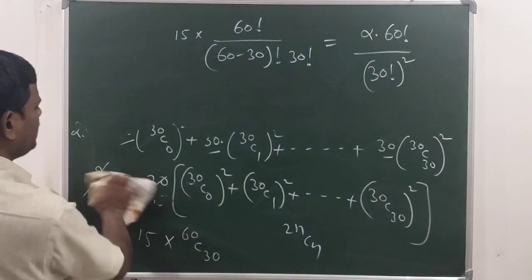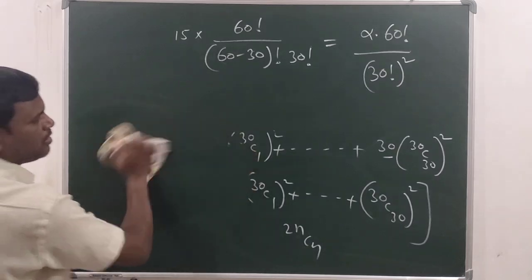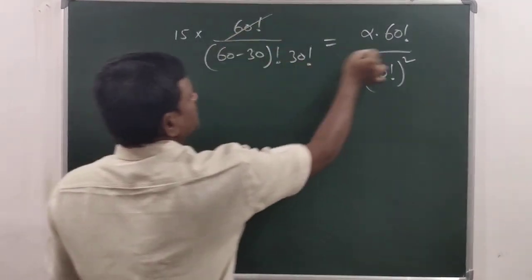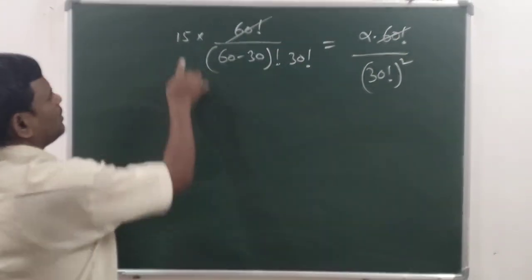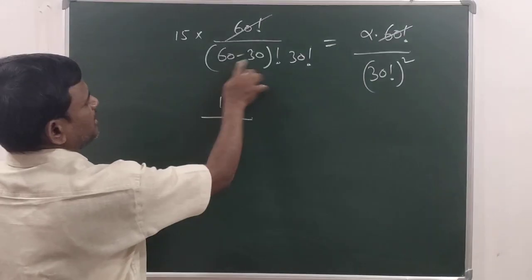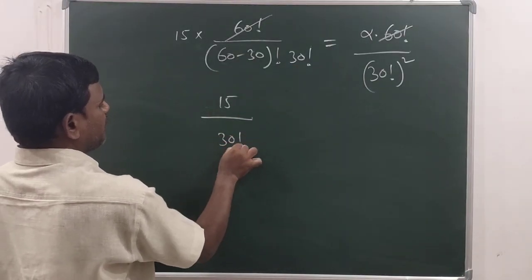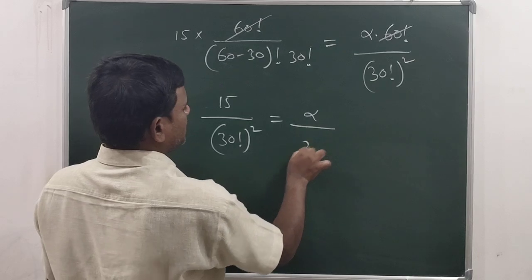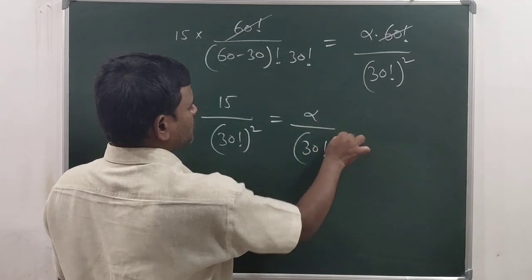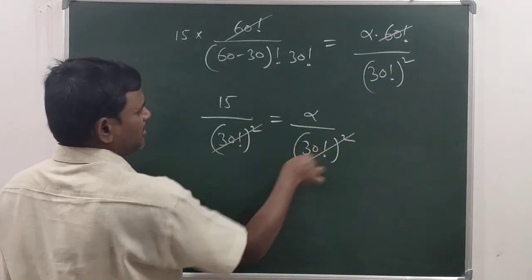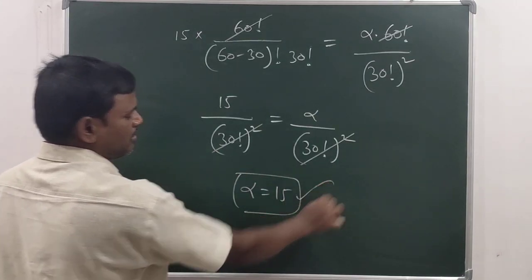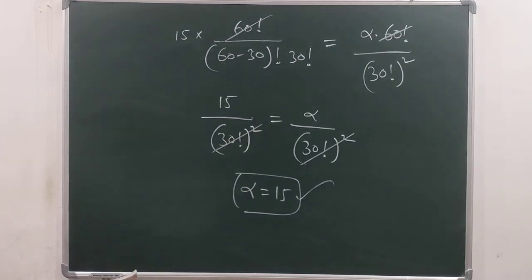Now simplify that. If you simplify this, you are going to get 60 factorial cancel. Now here 15 by 30 factorial into 30 factorial, 30 factorial whole square, which is equal to alpha by 30 factorial whole square. Now both of them cancel. Your required alpha value is 15. Okay students? Right.